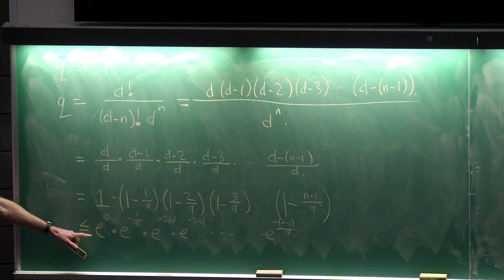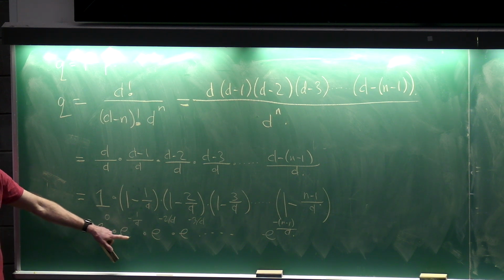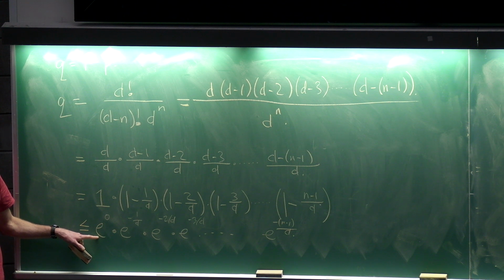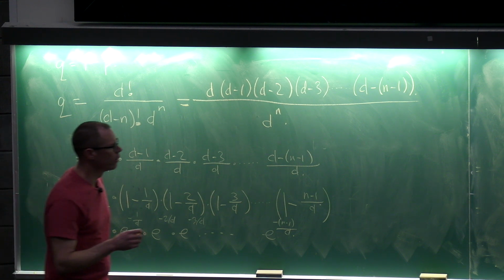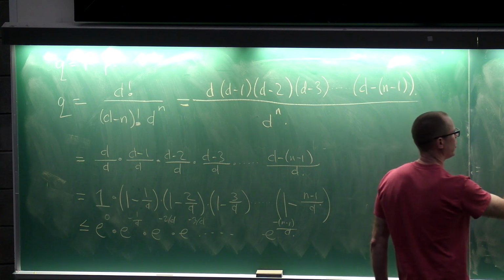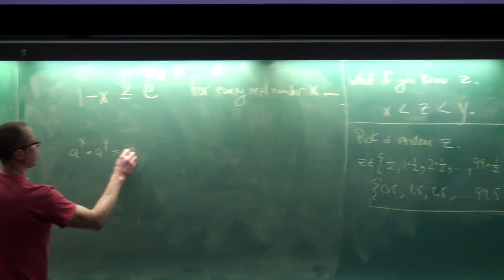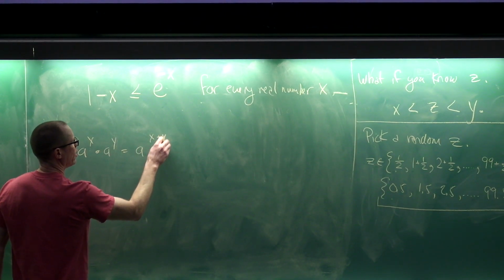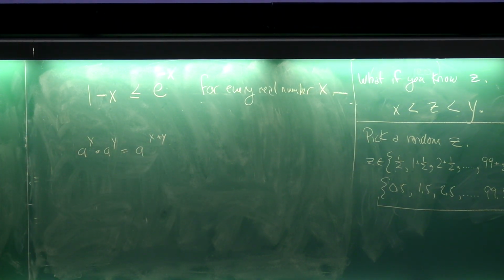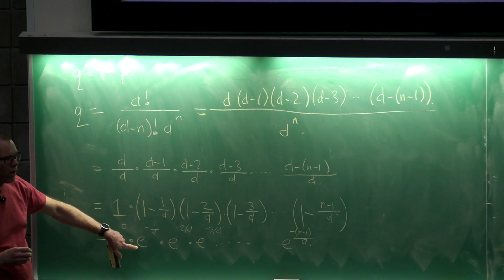So I have a whole bunch of exponents from the same base, and I'm multiplying them together. What does that do? You add the exponents together. Right? So a to the x times a to the y is a to the x plus y. And that's the situation I have here over and over again.